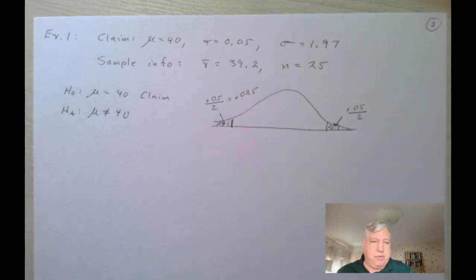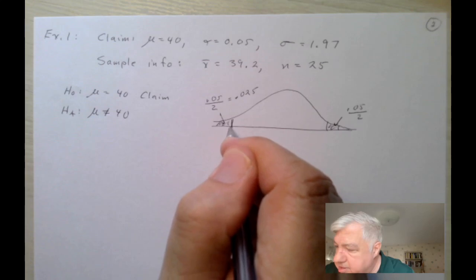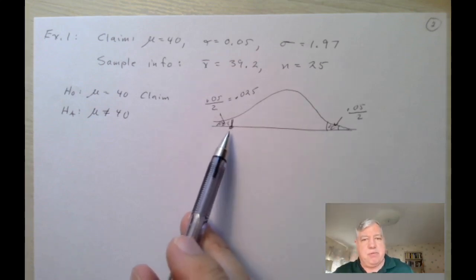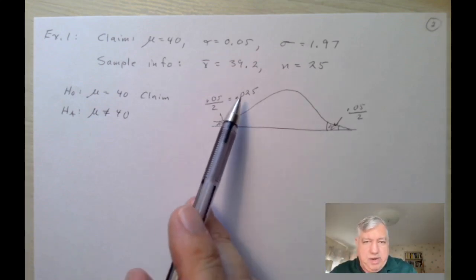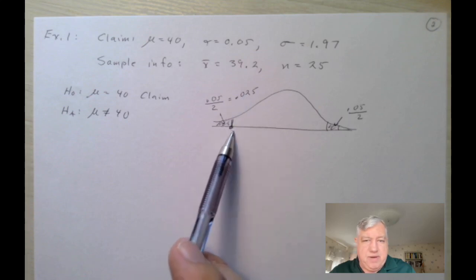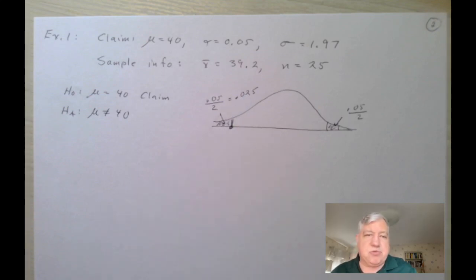On your calculator, what we really want to do is find this boundary here. We're given an area, we want to find the boundary, so we use our inverse norm.